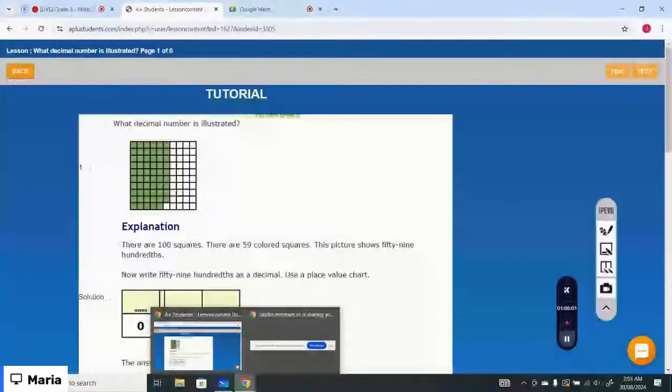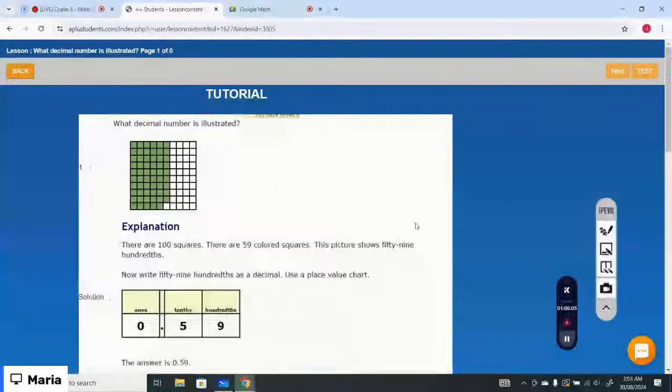Let's just start with the first example. So you need to understand the model first, right?